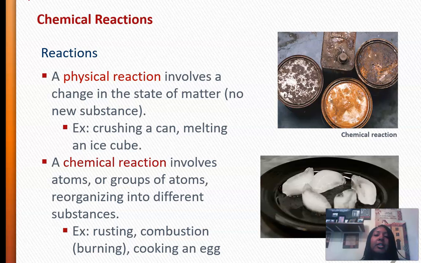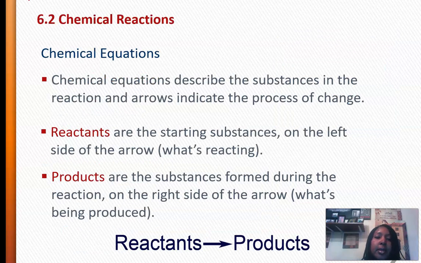They do not lead to a new substance. A chemical reaction involves atoms or groups of atoms reorganizing into different substances. So, rusting, that is a chemical reaction. Combustion or burning, and cooking an egg. When you cook an egg, you change the chemical components of that egg. It's no longer the same.